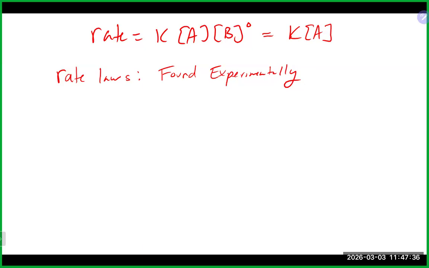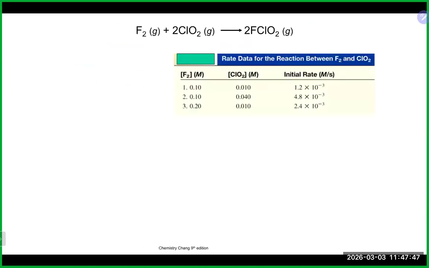And then once you have those orders calculated, you can then actually calculate what the value of the rate constant would be for that particular reaction. So let's take a look at one and how we would approach this.